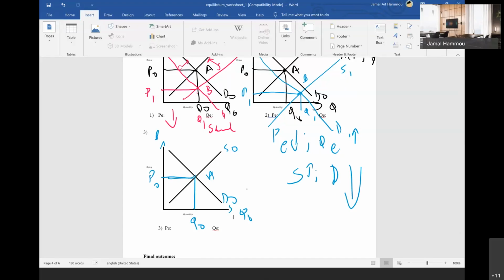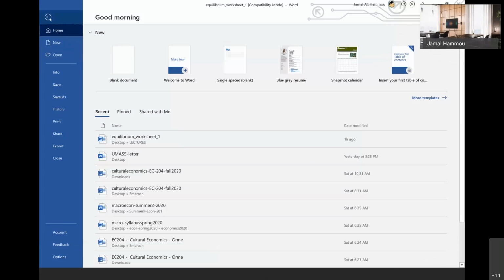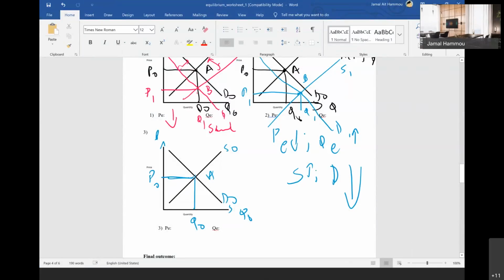So the demand will decrease a big deal, D1, but the supply will increase just a little bit, S1. So now I have a new equilibrium right here. I will move from point A to B, up to the new equilibrium P1, Q1. So now I see what happened in this case. The price went down, and the quantity equilibrium went down.